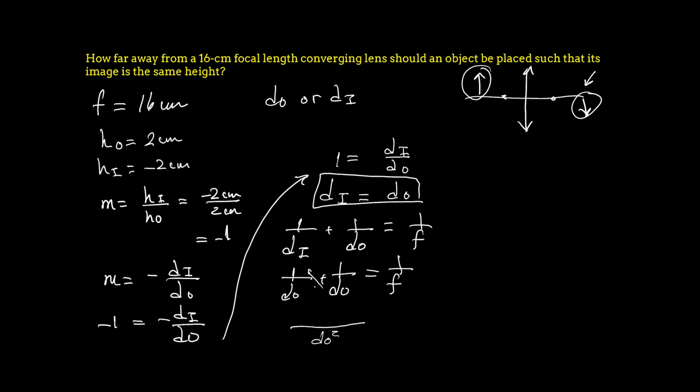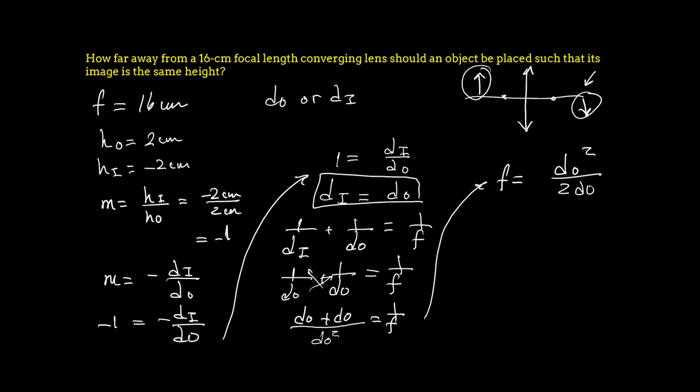DO plus DO, there's 1 over F. So flip now. F equals DO squared over DO plus DO, which is 2DO.